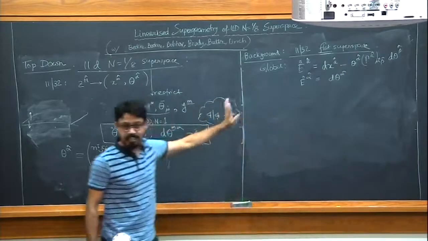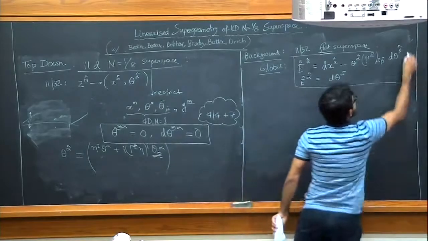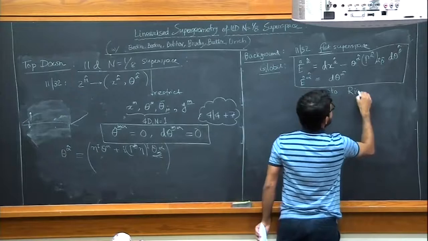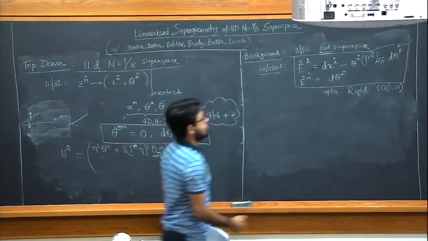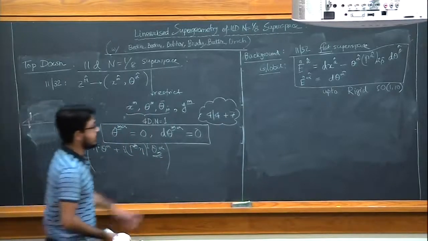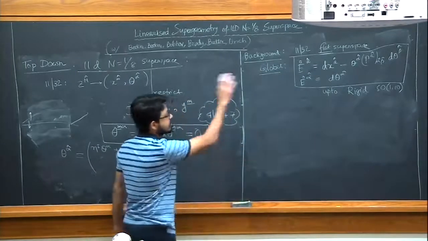But it's the same thing. And this being global means this choice of frame can be done globally up to rigid SO(1,10). Okay. So there is no local Lorentz business. It's not gauged. It's a rigid global SO(1,10), after which this can be chosen.